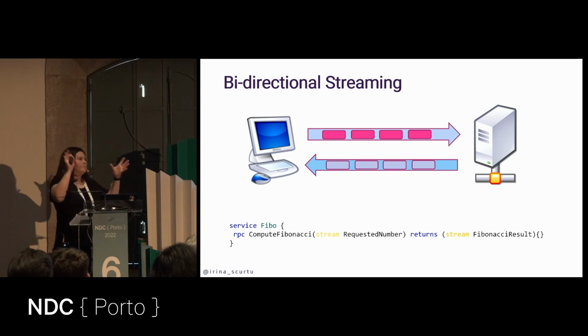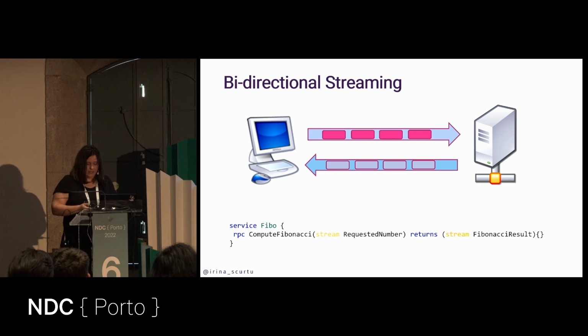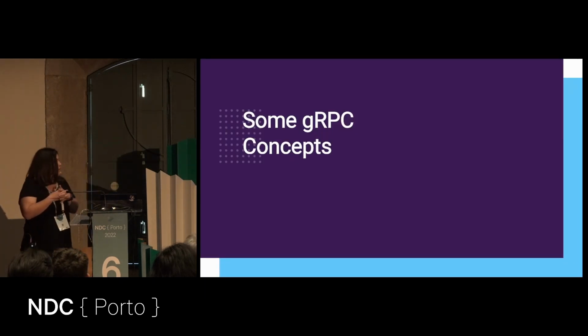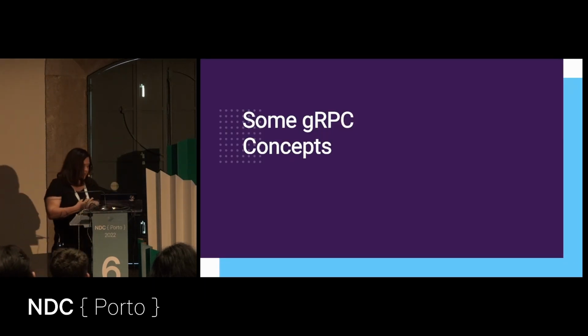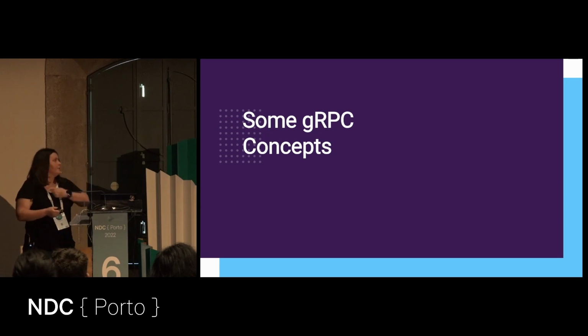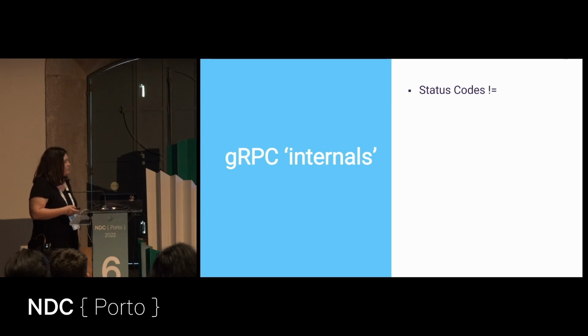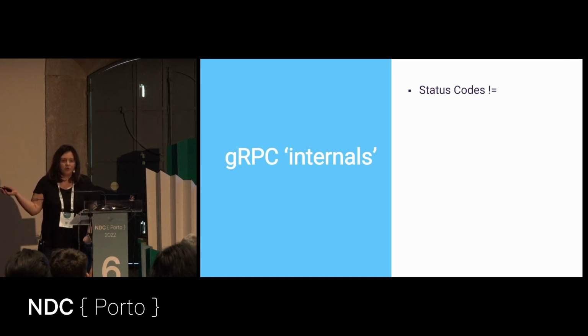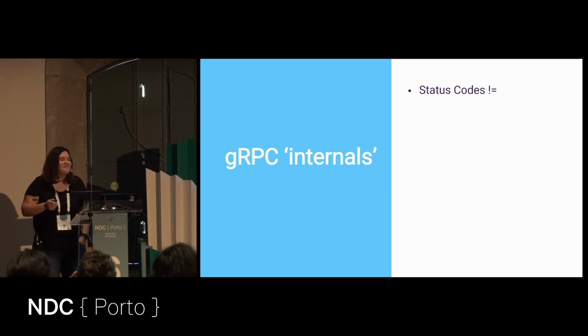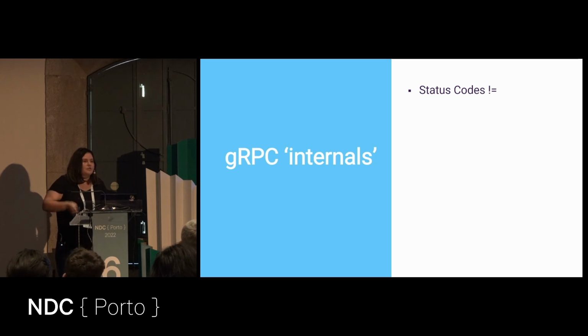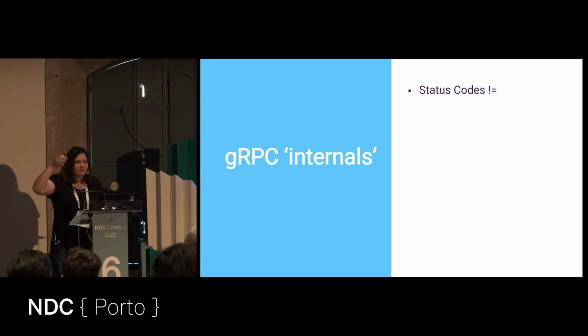Okay, so big picture, that's kind of it. But in .NET 6, there are a few other gRPC concepts that we need to talk about. gRPC internals, status codes. We all know status codes, right? I know there are something like 63 of them. We use maybe 10 in a good manner. But status codes represent the actual status of that request.